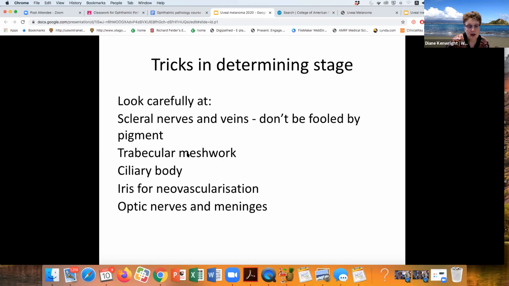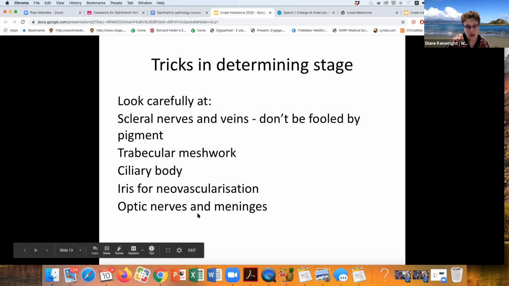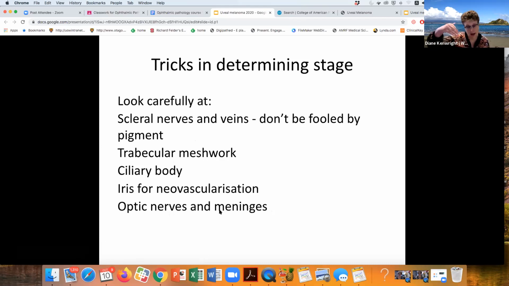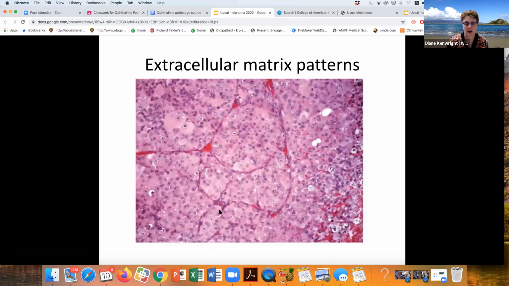Always remember to look in the trabecular meshwork and around the ciliary body. Remember that melanomas cause iris neovascularization. And remember to look not just at the optic nerve, but also in the meninges, because sometimes melanomas go directly into the meninges, particularly if they're sitting parallel to the optic nerve. Okay.